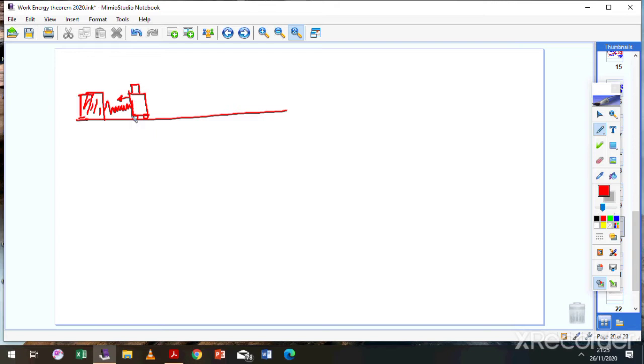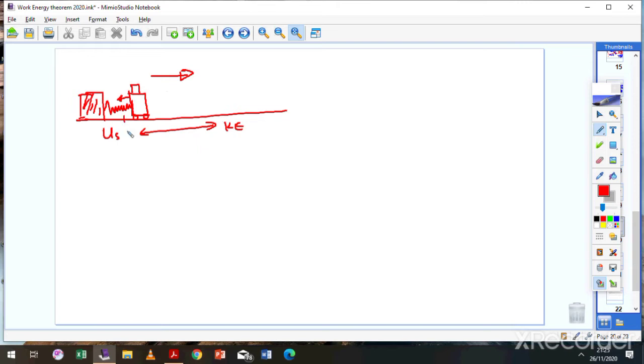You compress it and let it go on this frictionless track, and then all of this elastic potential energy is going to be converted into kinetic energy, because the cart and its mass will move in that direction.